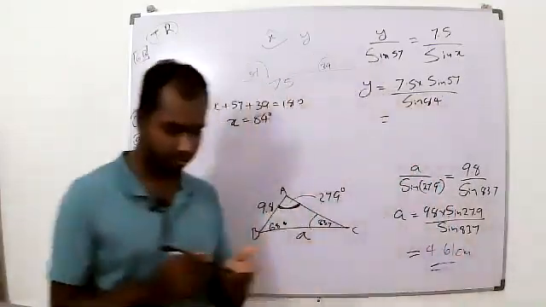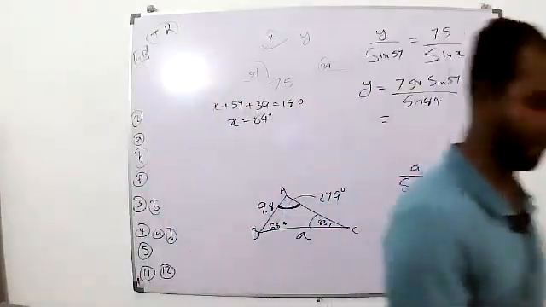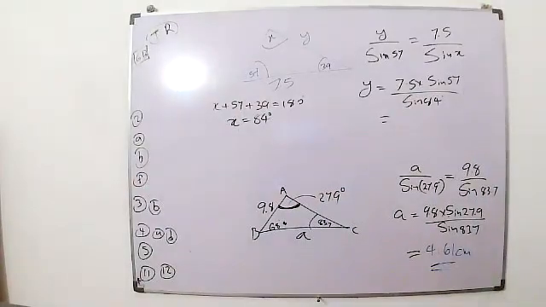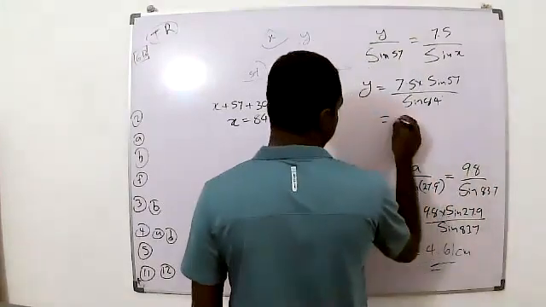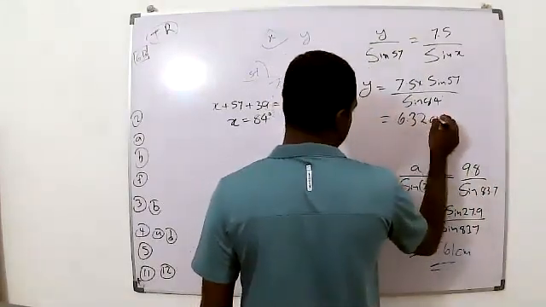How much are we going to have? 6.32. Y should be equal to 6.32 centimeters.